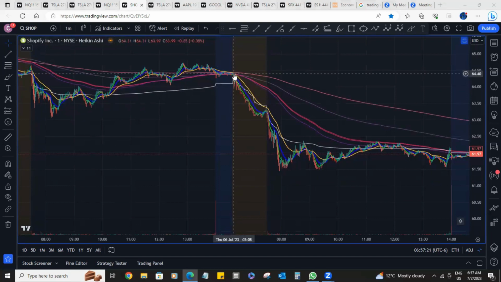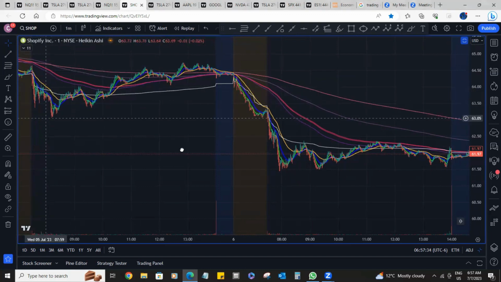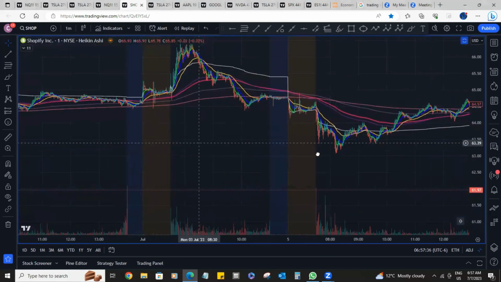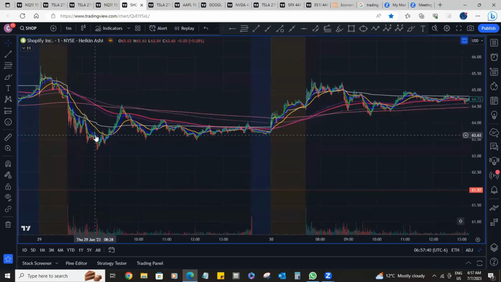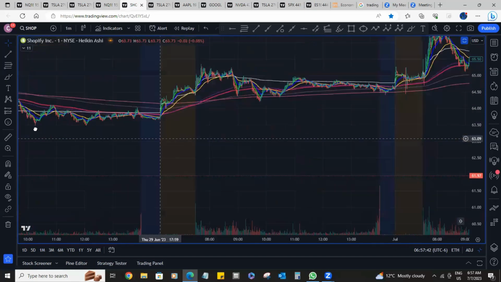Another thing I'll show you here too is, even though this was a support line right here, you've seen when we came down to that previously, we came down slowly. It kind of zigzags down to that support.